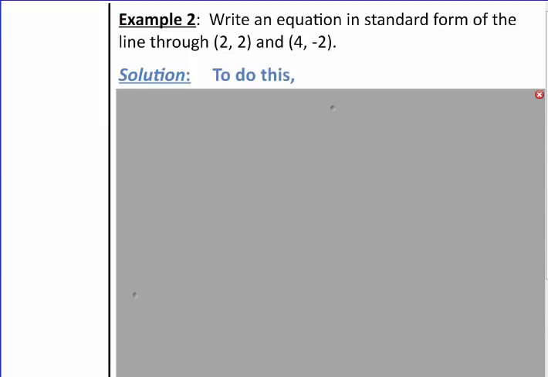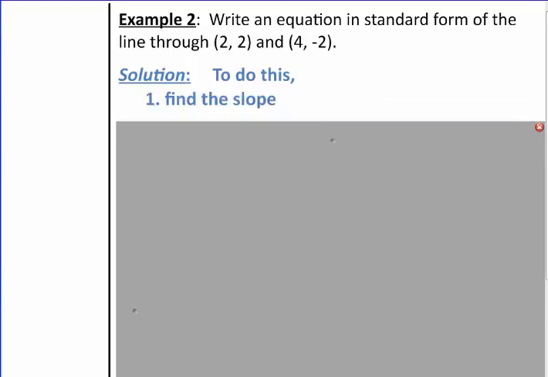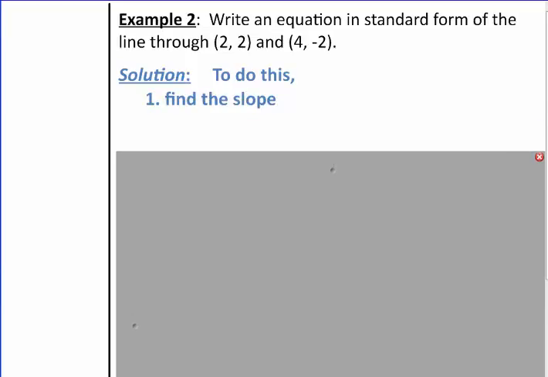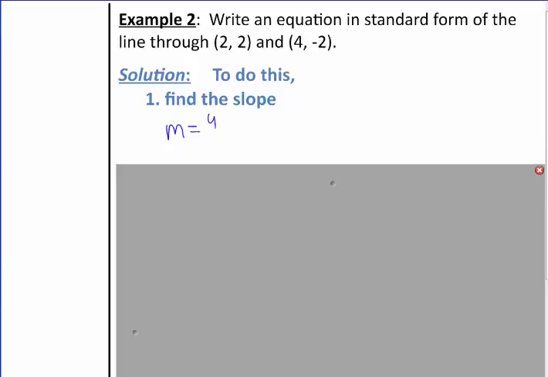We're going to write an equation in standard form of the line through the points (2, 2) and (4, -2). To do this, we are going to first find the slope. So m equals y2 minus y1 over x2 minus x1. Don't forget to always write down the slope formula before you start plugging in numbers.